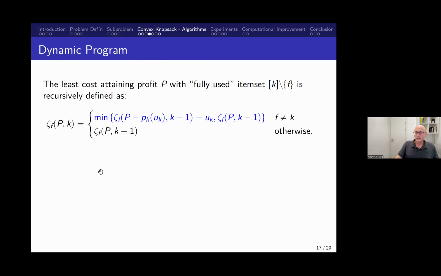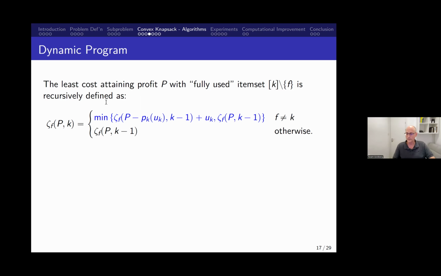Okay, so how we solve it is through dynamic programming, and the dynamic programming, unsurprisingly, will resemble binary knapsack dynamic programming. So first I'll show a more naive version, before trying to improve.